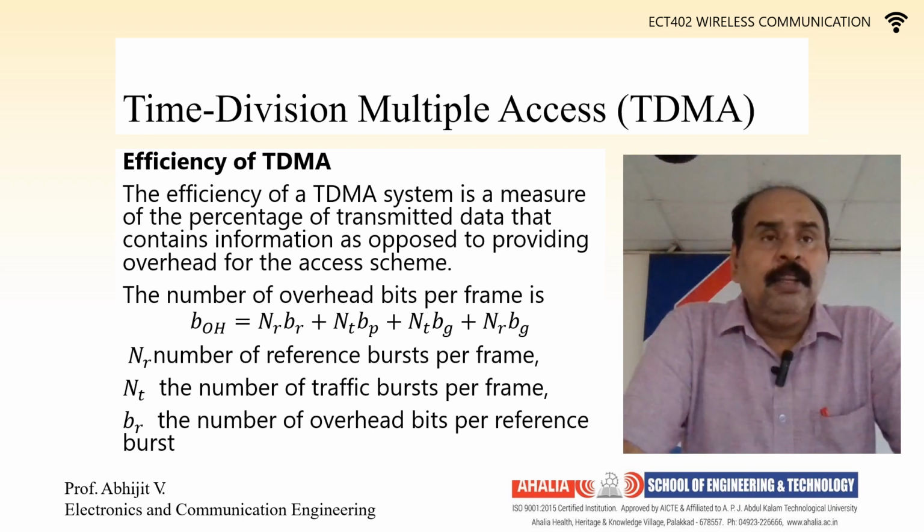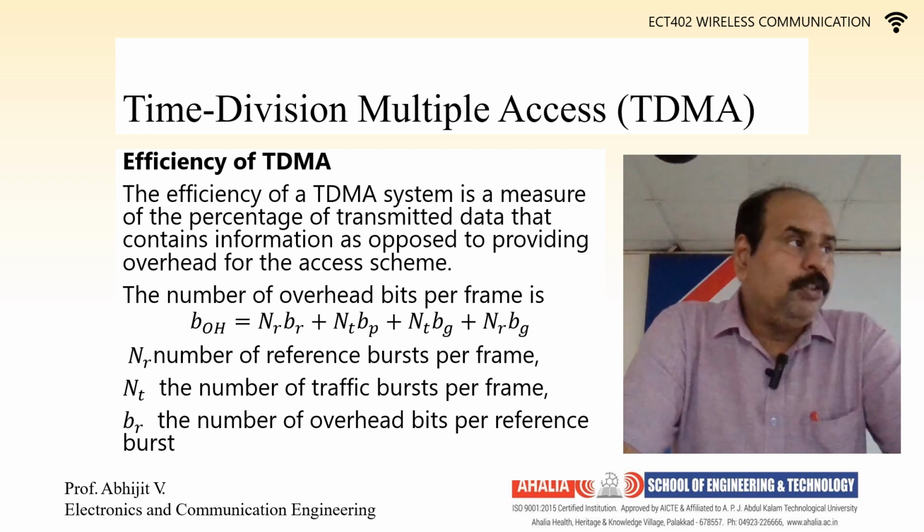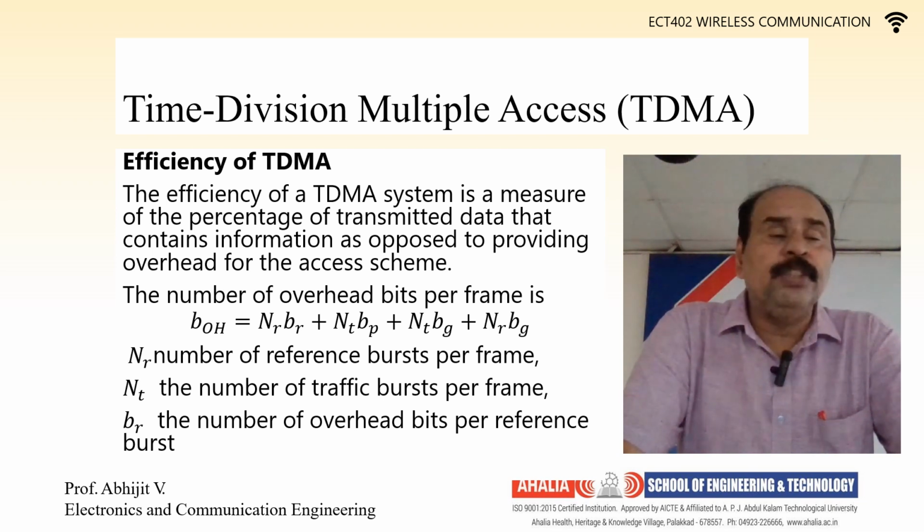So here we are comparing the overhead bits with the message. That is what the efficiency of TDMA is. That is the number of overhead bits that we are using.